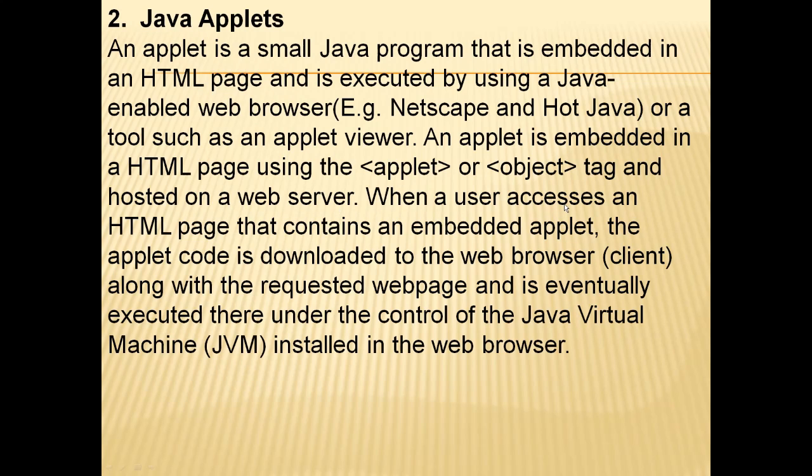When a user accesses an HTML page that contains an embedded applet, the applet code is downloaded to the web browser client along with the requested web page and is executed there under the control of the Java virtual machine installed in the web browser.